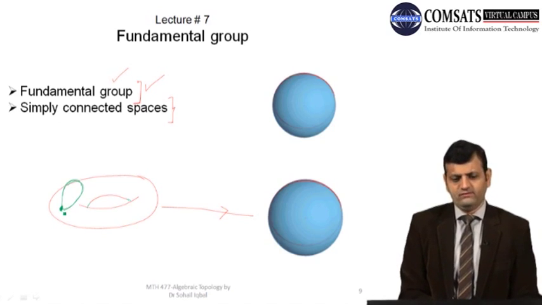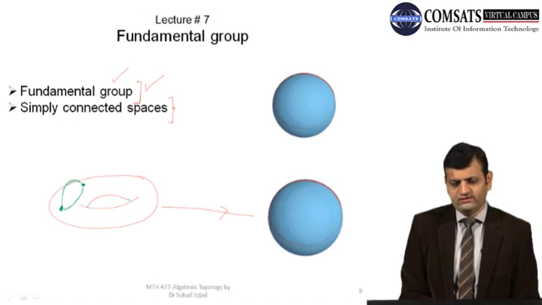In other words, we can say that this loop which lies on the torus is homotopic, that is, it can be continuously deformed to this one point, or in other words, a constant function.